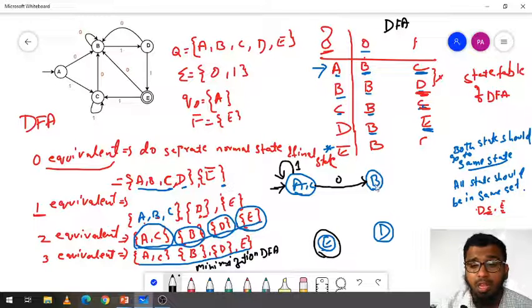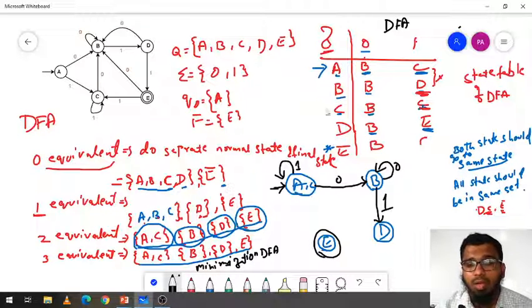Next one is B. B on 0 is going to B and B on 1 is going to D. Okay. Next, C on 0 is B, C on 1 is C. We finished here.